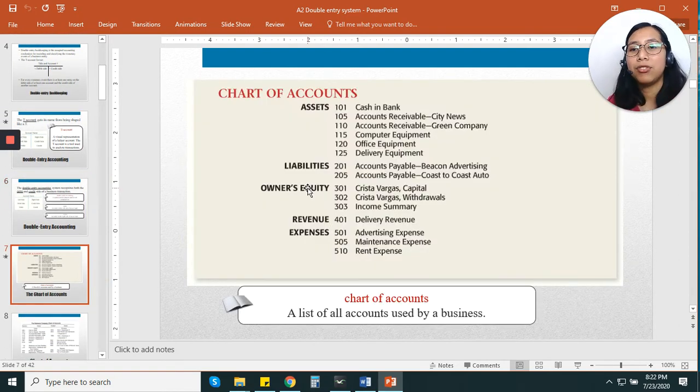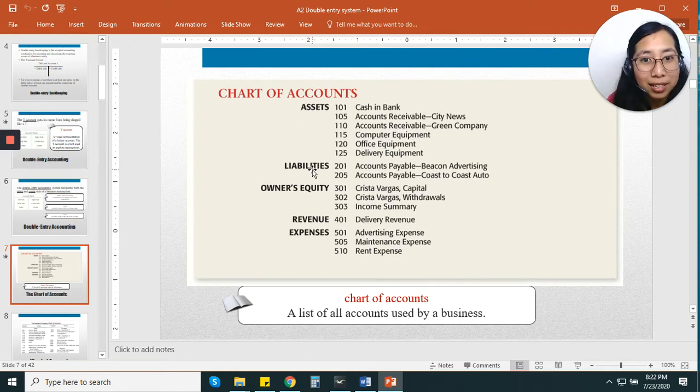This is an example of a chart of accounts. Meron tayong actually 5 elements. You have asset, liabilities, owner's equity, revenue, and expenses, and all other account titles under those follow the normal balances of each element. For example, cash in bank is an asset. Accounts receivable is an asset. Computer equipment is an asset.